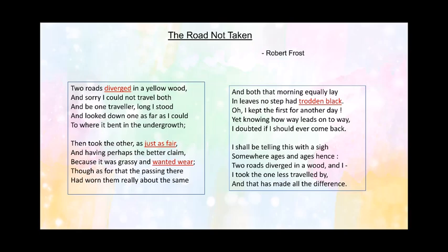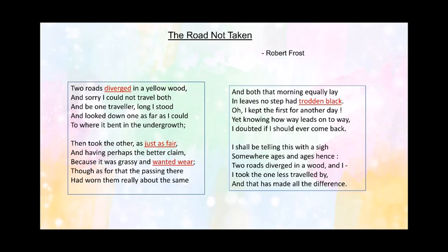Two roads diverged in a yellow wood, and sorry I could not travel both and be one traveller, long I stood, and looked down one as far as I could, to where it bent in the undergrowth.